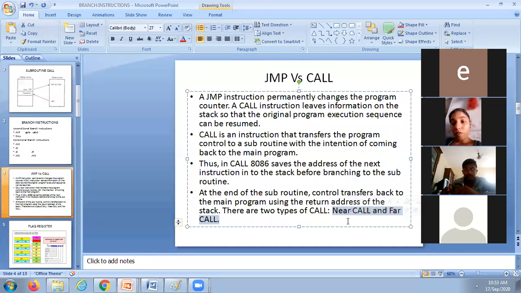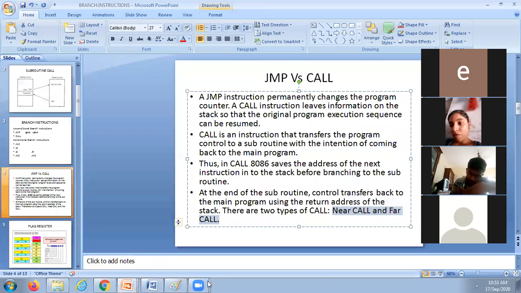In such a case, we are going to use near call and far call. Near call has a limit of only 64K. If your call is within that limit, you call it a near call. If it is beyond that, it will be a far call.